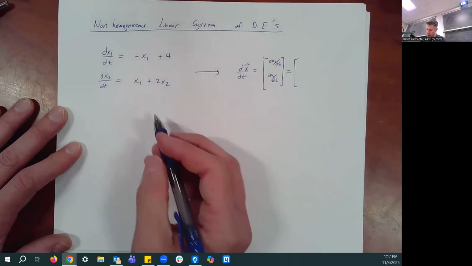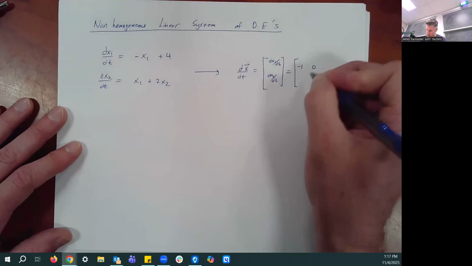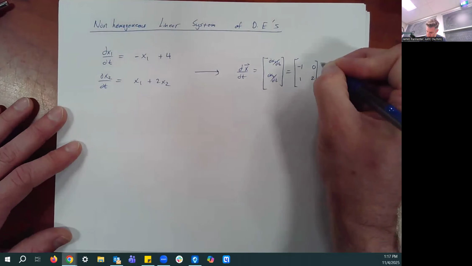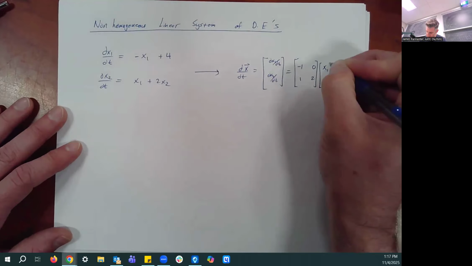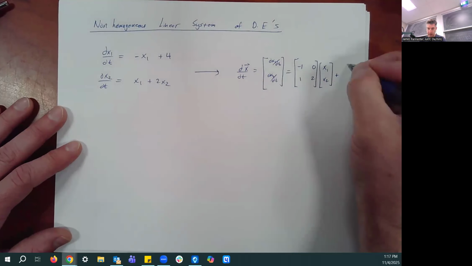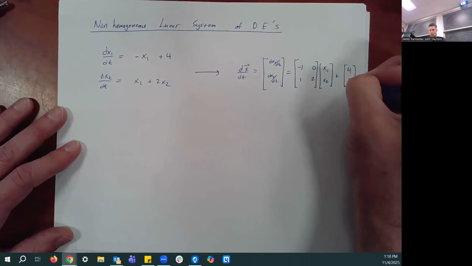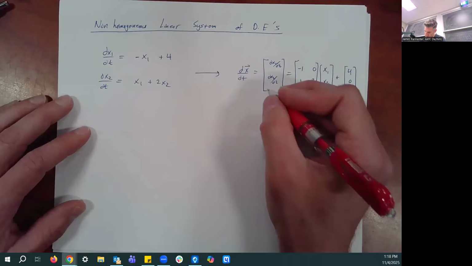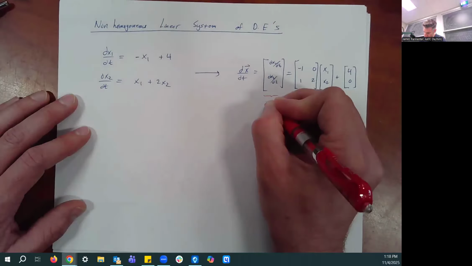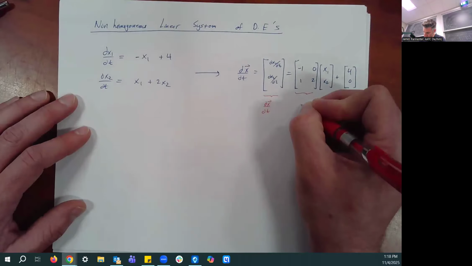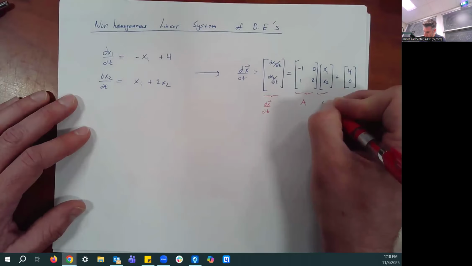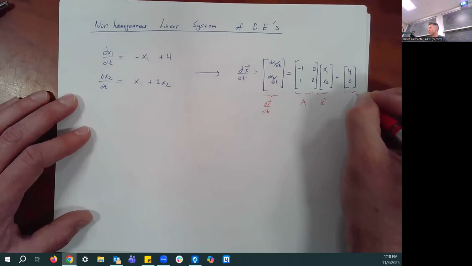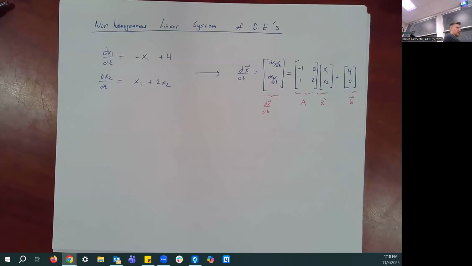My coefficient matrix is negative 1, 0, 1, 2 times x1, x2, plus the constant vector over here, 4, 0. Or as you might write this, dx/dt is equal to the matrix A times the vector x plus the vector b. So in a homogeneous system of linear differential equations, your b vector would be 0, 0. It's not here.